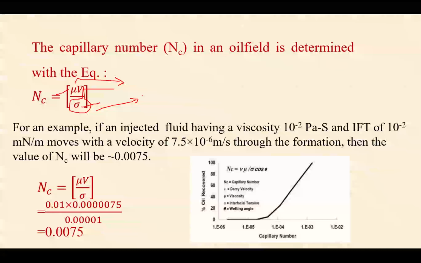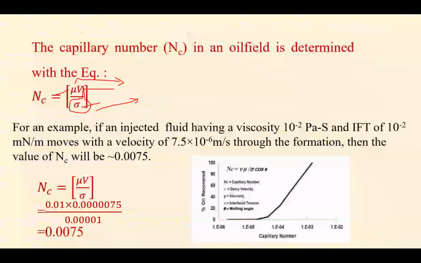Now, from some field data or experimental data, by performing some experiment in the laboratory, you can get some idea about the capillary number. What should be the capillary number? I am talking about increasing the capillary number, but at least you should know what the values of capillary number are, whether it is 100 or 1,000 or 10,000, like this.